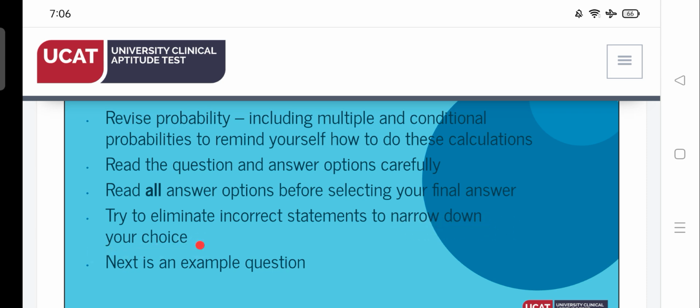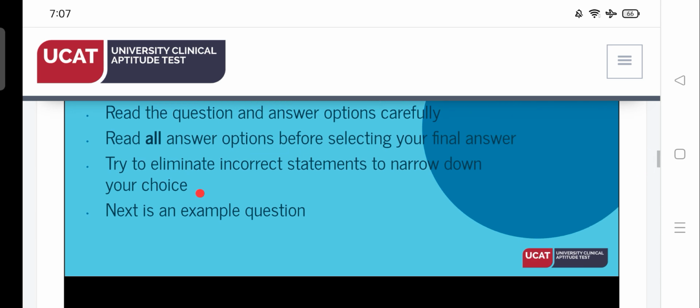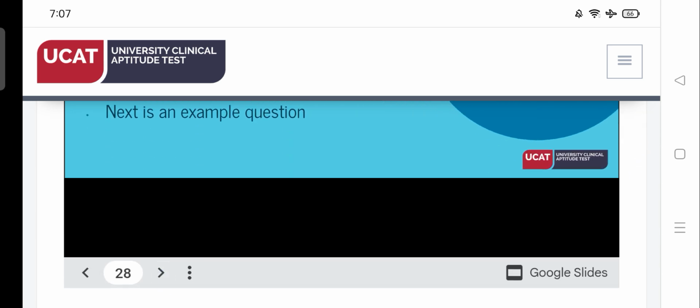So you have to revise the probability section from maths, read the question and every answer very carefully, and before selecting your final answer, read all the options again and select the best one. Try to eliminate the incorrect statements that are not related to your question.